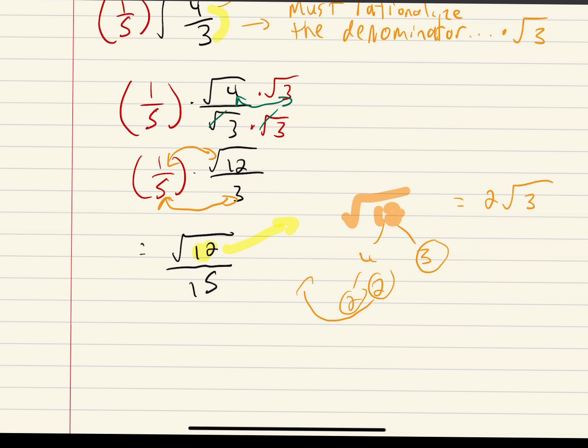So now finally this can be simplified as 2 root 3 over 15. And then this can't be simplified anymore, nor does the denominator need to be rationalized because the root is not there. And so the final answer is 2 root 3 over 15.